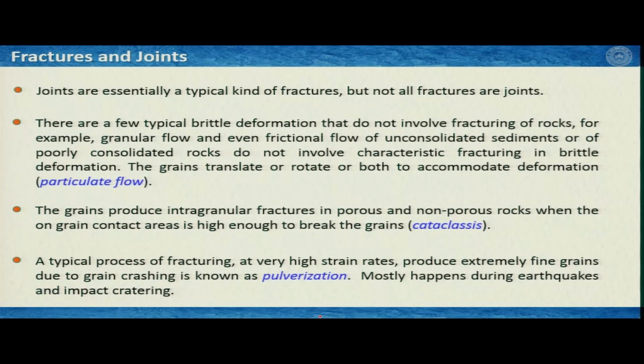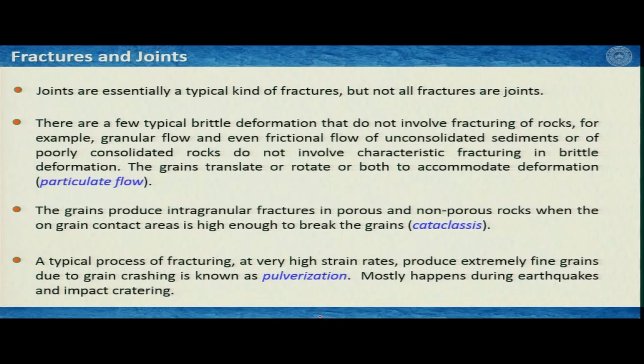Now, there is another term, pulverization, a typical process of fracturing at very high strain rates that produces extremely fine grains due to grain crushing. So, you have a piece of rock and a fracture happens, and inside these fractures, because of the movement of the fracture walls, the grains get extremely crushed and eventually remain as a very fine grained structure.